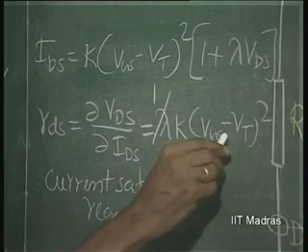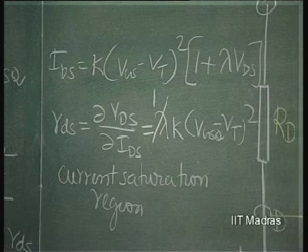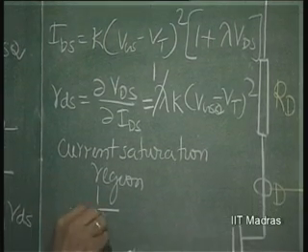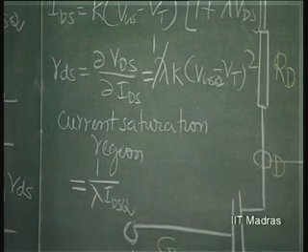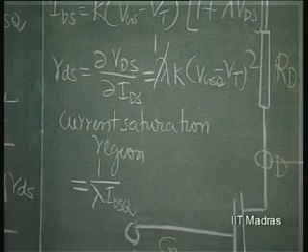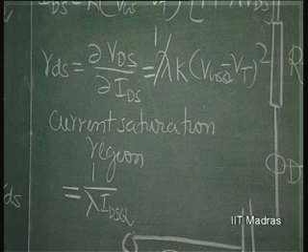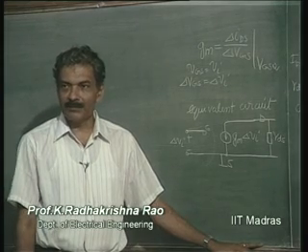So, we will put this as VGS Q. So, k into VGS Q minus VT whole squared is really IDS Q. So, you can therefore obtain this as 1 over lambda times IDS Q. This lambda should be given by the manufacturer, or you have to make some arrangement to measure it.